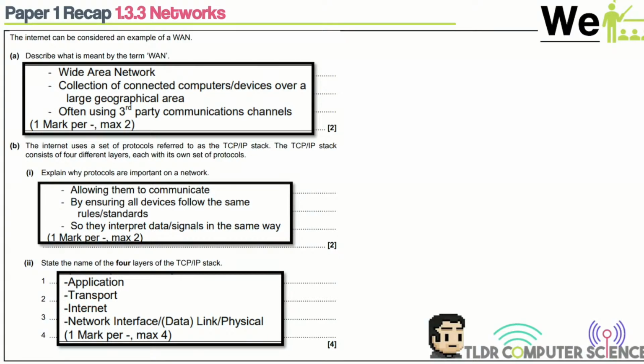If one person decides it's 1,000 bytes and the other decides it's 750 bytes, one will chop them up at a certain size, and the other side will put them together at the wrong size. So it's not just that we have to follow a set of rules, both parties have to agree on all these standards. All communication over TCP/IP has a set of standards that we all agree on, so that they interpret the data in the same way.